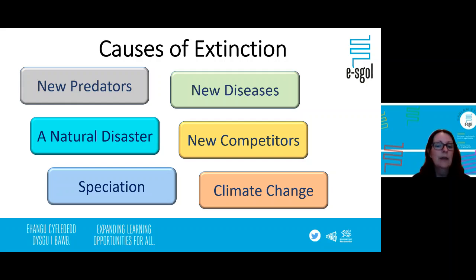Natural disasters. We saw in the film at the start that global warming is leading to changes in weather patterns, and that, coupled with climate change, both of these aspects may cause extinction for organisms.